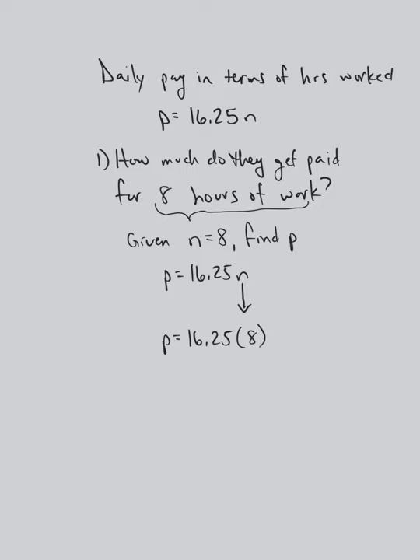So then after you get that, and you calculate that, you'll get 130. So P is equal to 130. And so what is that telling us? The pay is $130 for 8 hours of work. Okay? Like that. And so again, always answer in the format of the question. The question was in wording, so you should answer that in wording.